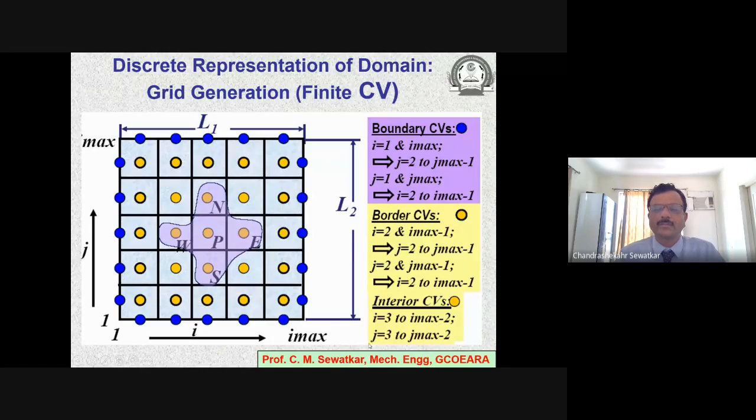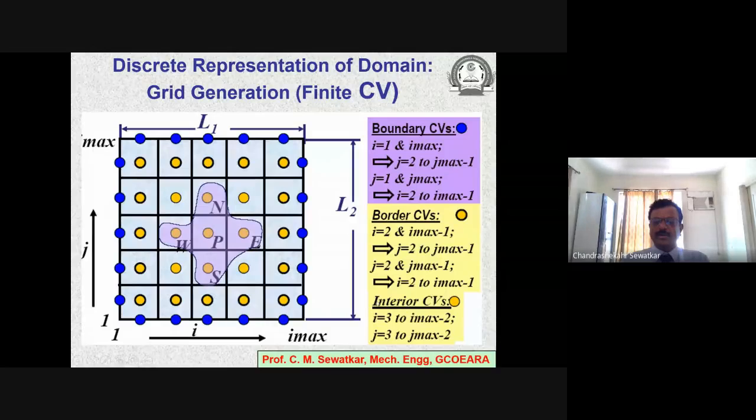Similarly, for horizontal boundaries, we have J is equal to 1 and J is equal to J max, and I is equal to 2 to I max minus 1. So these are the running indices for blue cell centers.